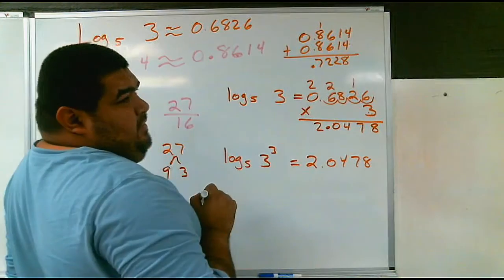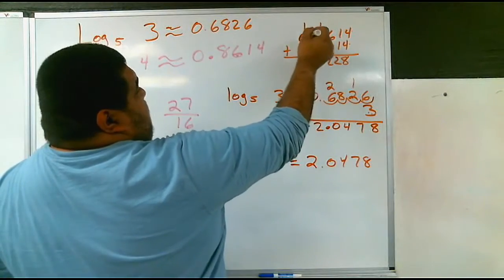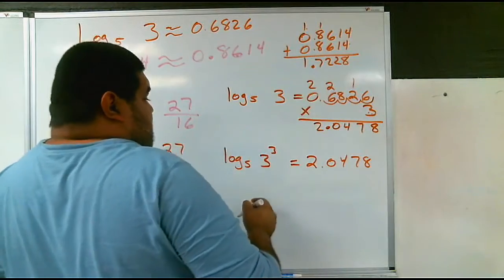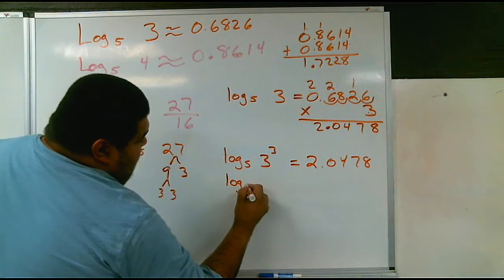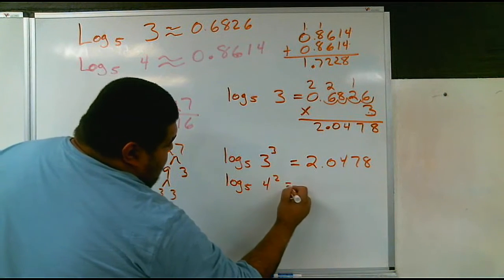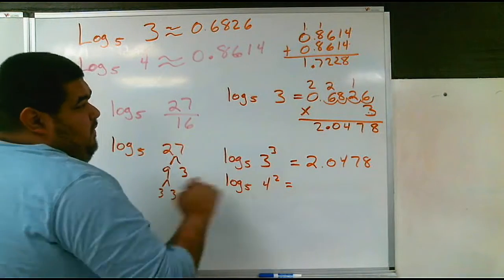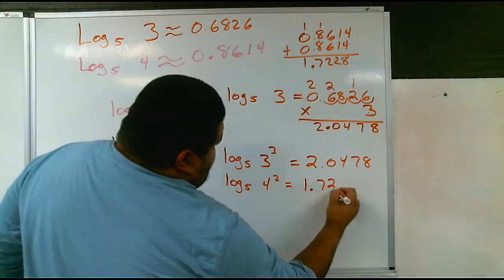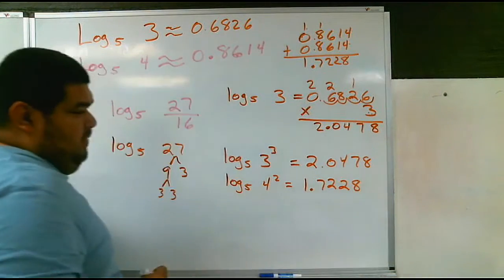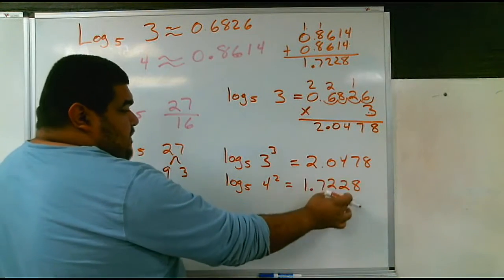Since we're adding, we keep the decimal, we bring up our 1 from the 17. 0 plus 0 is 0, plus 1 is 1. So log of 5, 4 squared equals, because remember, we already did it twice, so it's already squared, 1.7228.